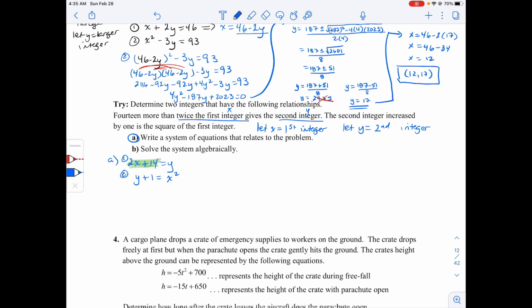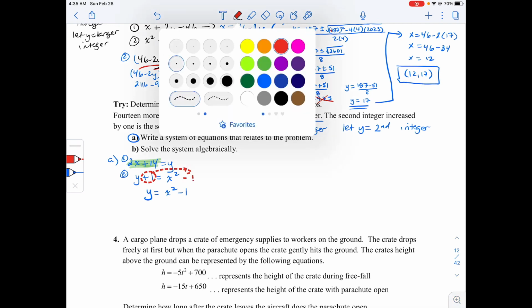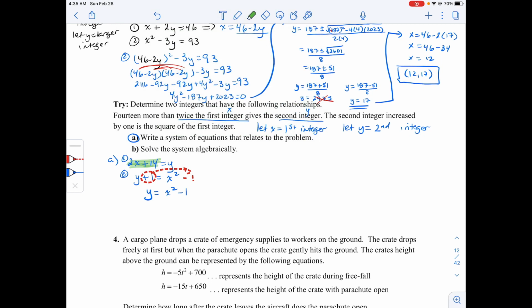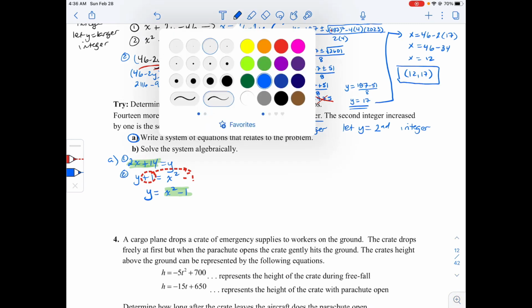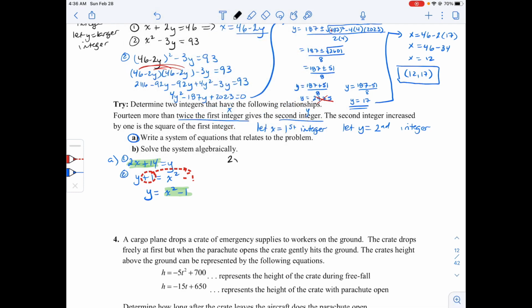For the second equation here, we can get y is x squared minus 1, right? When we move over, then 1 becomes a negative 1. And so, again, we've got y is x squared minus 1. So we can equate those two equations right away. And we can say that 2x plus 14 is equal to x squared minus 1.